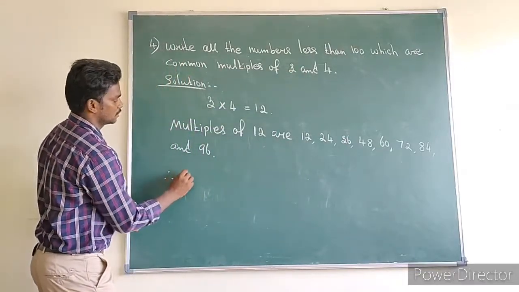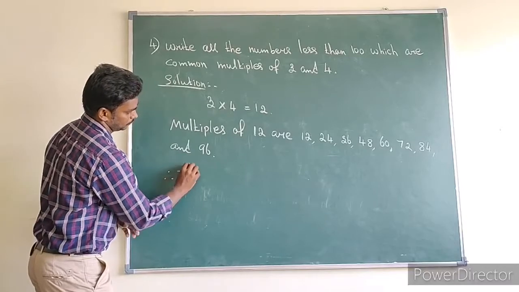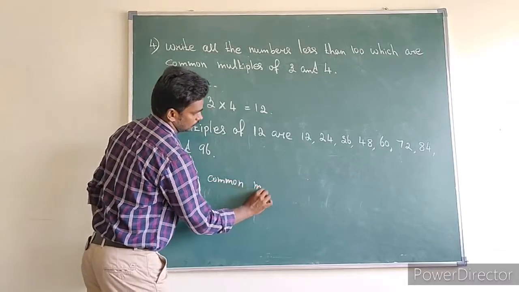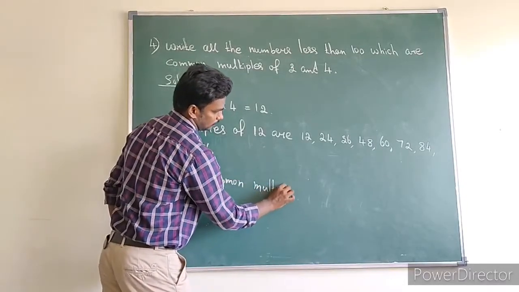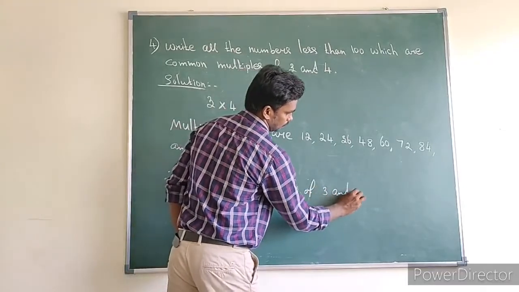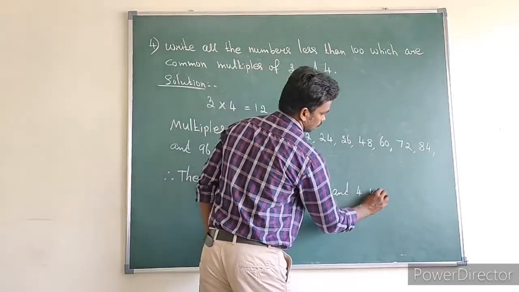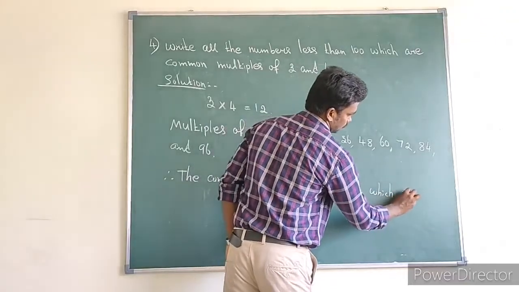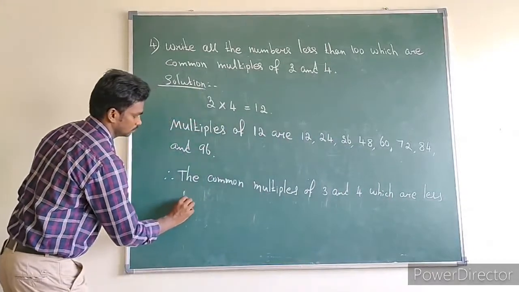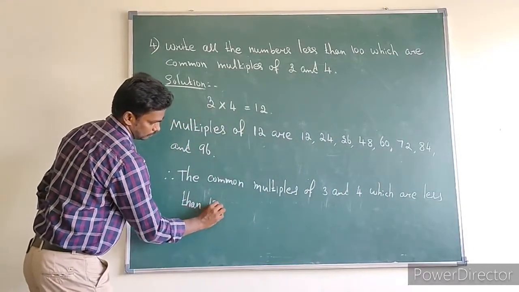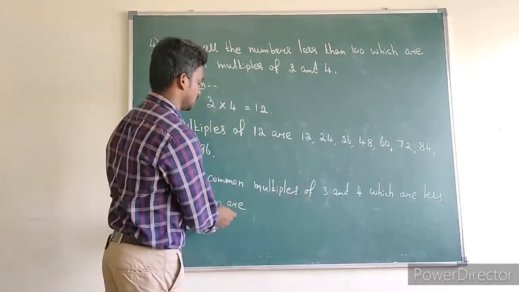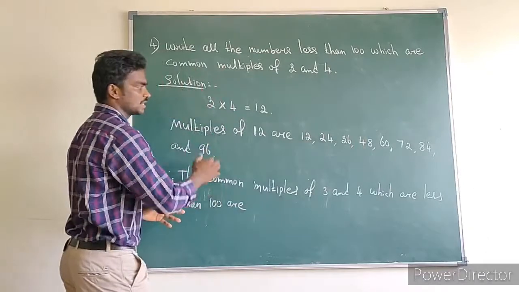Therefore, the common multiples of 3 and 4 which are less than 100 are all the multiples of 12.